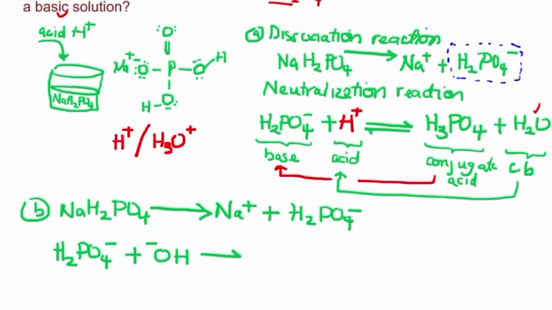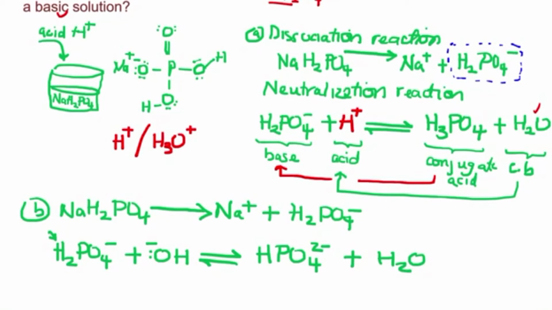At equilibrium, our hydroxide will pick up one of the hydrogens here, and as a result we'll have a hydrogen left on this phosphate, but now the charge decreases to -2, and on the other side we have water formed.